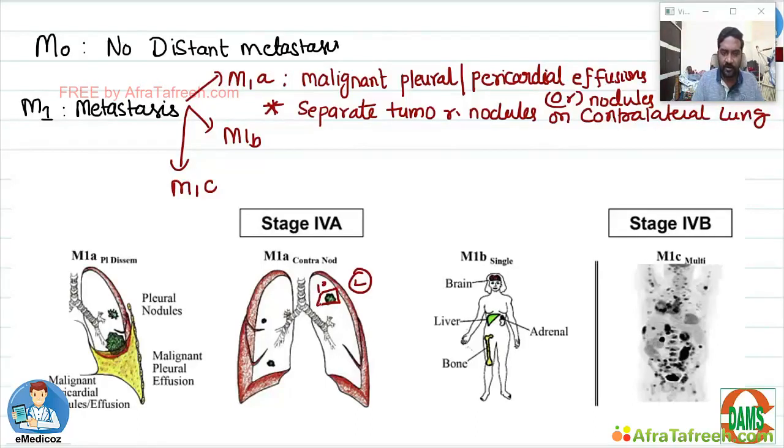On the left side there was a tumor. So on the right side, there are some satellite nodules. Previously in T3 and T4, we have discussed presence of satellite nodules within the same lobe or in the other lobe in the same lung. Now here the tumor is on one side and satellite small nodules are on the other side. So right tumor with left nodules or left tumor with right nodules.